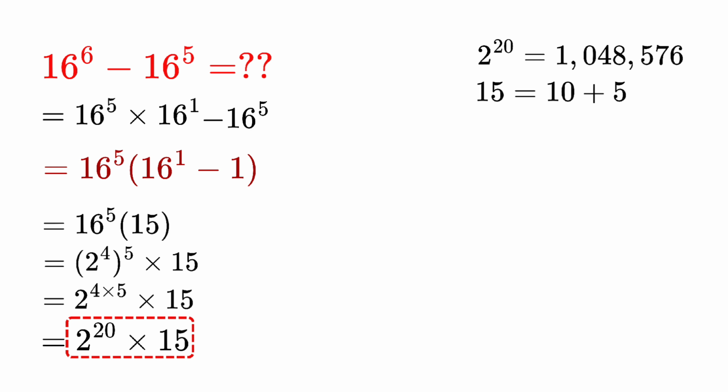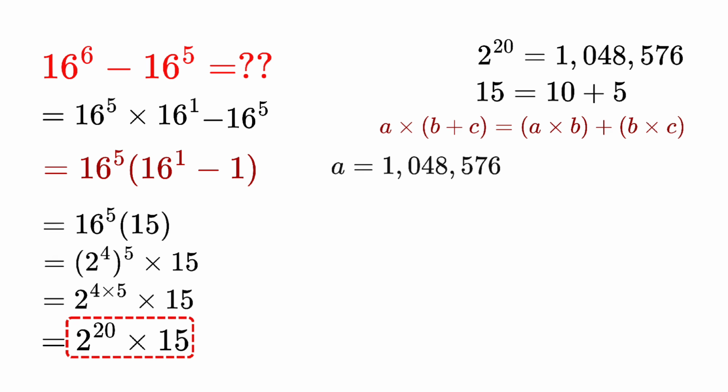Now, we are going to use the distributive property. That is, a times (b plus c) equals a times b plus a times c. Now, look how we use this. Consider a equals 1,048,576, b equals 10, and c equals 5. Now, let's calculate each part.